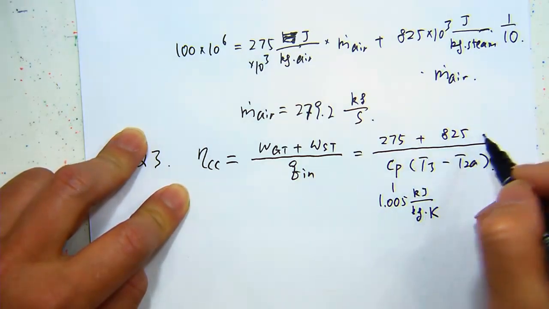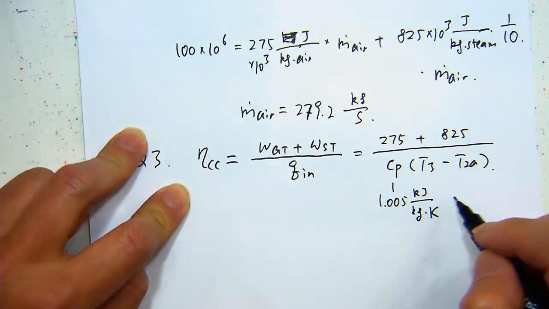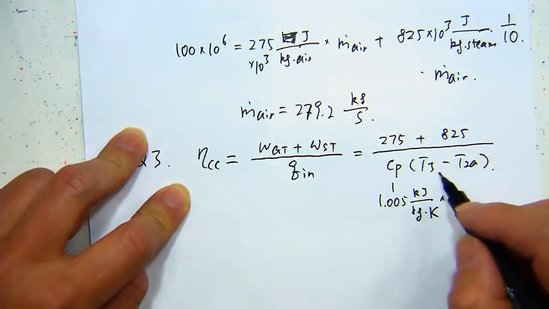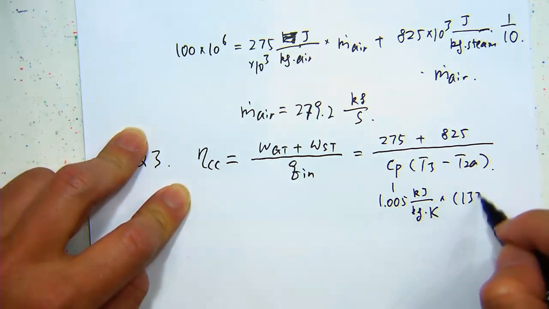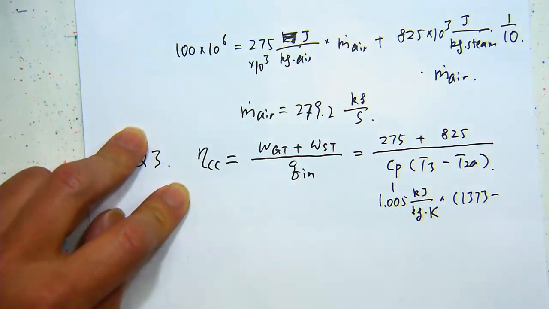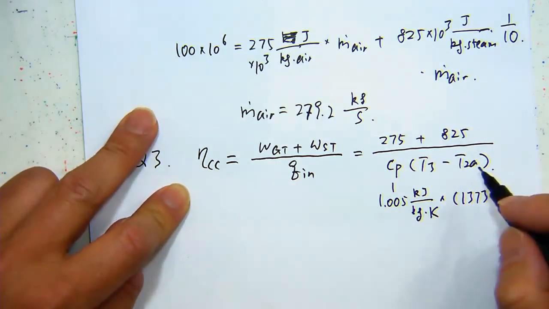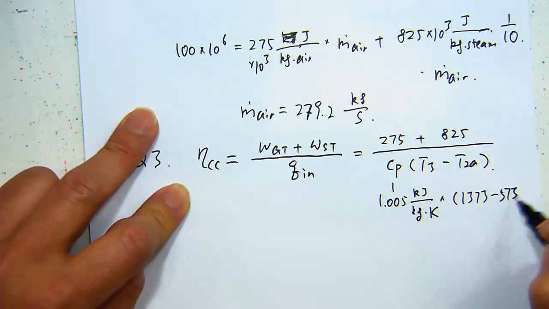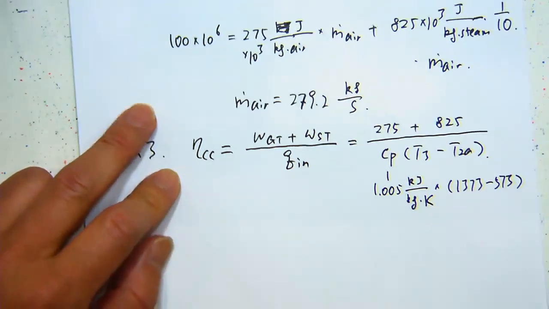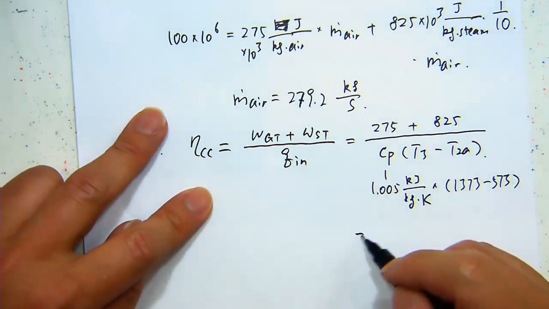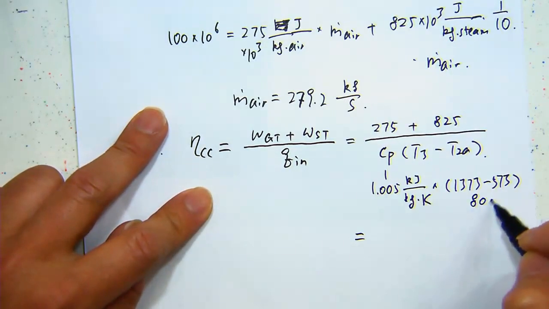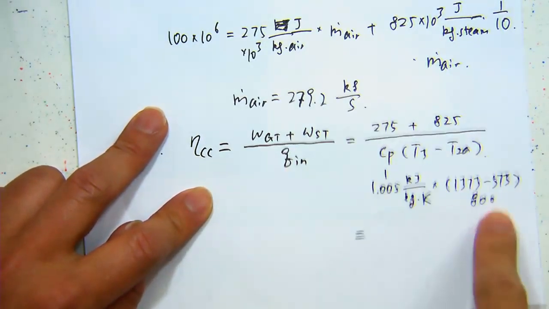So I have kilojoule all there, and then times the T3, which is 1373, 1100 degrees Celsius, and the T2A is 573. All right, so if I do the calculation, 800 times 1 is about 800.